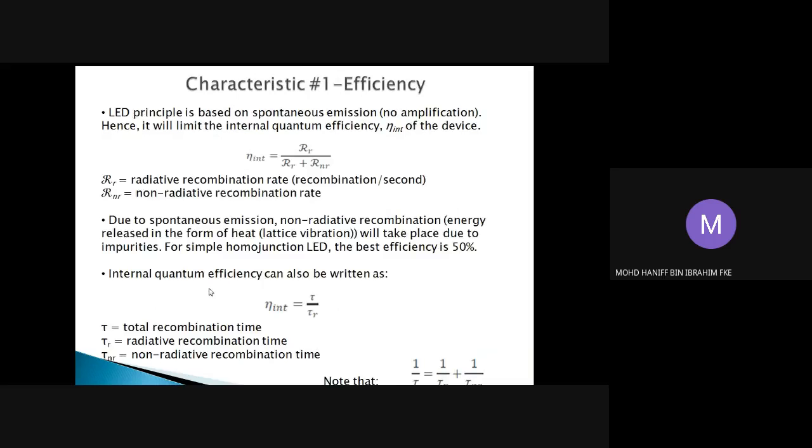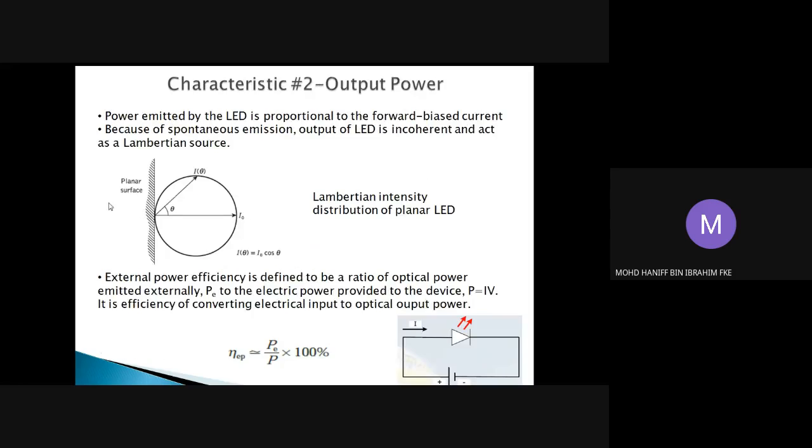Before this, we called the other one internal efficiency. Internal efficiency is the ability of the LED to produce light, while the external power efficiency is the ratio of the optical power emitted by the LED to the electric power used to operate the LED.